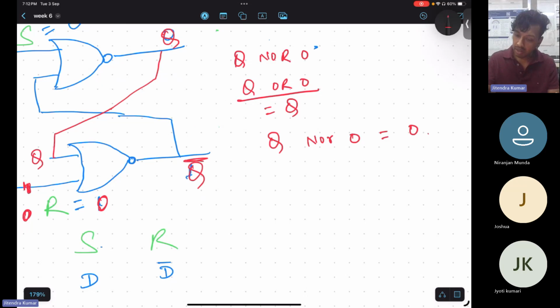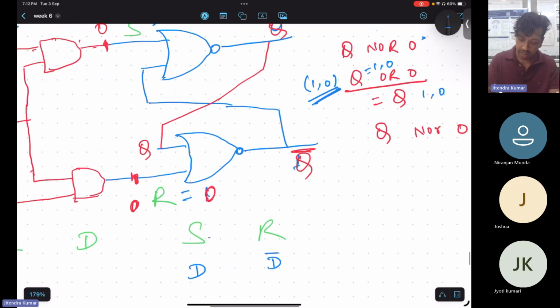Because at the place of Q, either it is 1 or 0, doesn't matter. Whatever the value will be placed at the place of Q, that will be the output. If Q is equal to 1, this will be 1. If Q is equal to 0, it will be 0. So that is why I am saying here, OR of Q and 0 is equal to Q. Is it clear till this point? Is it fine, Niranjan?